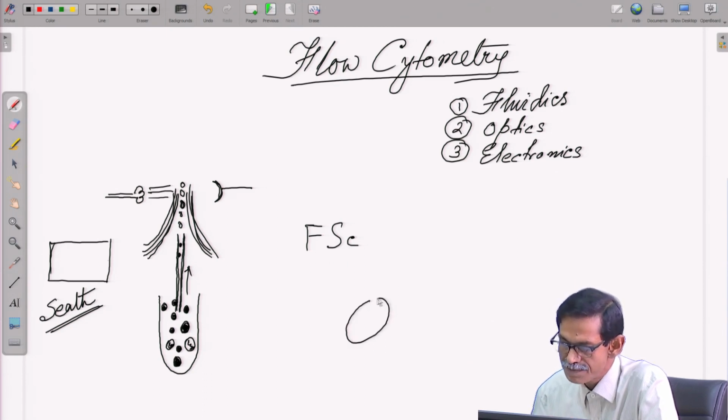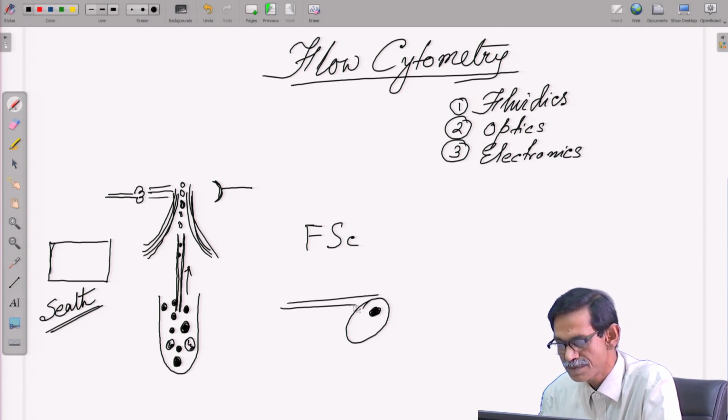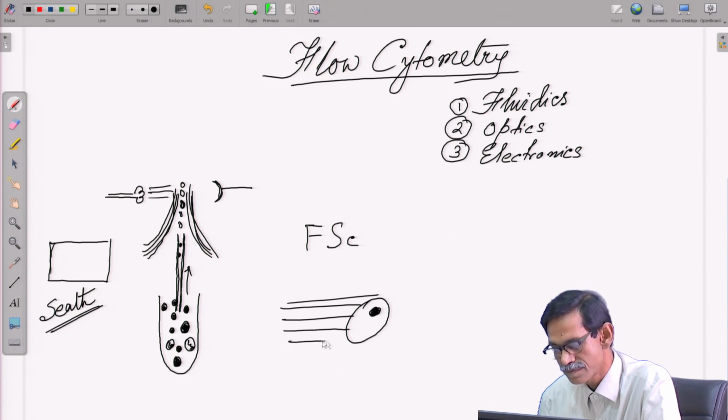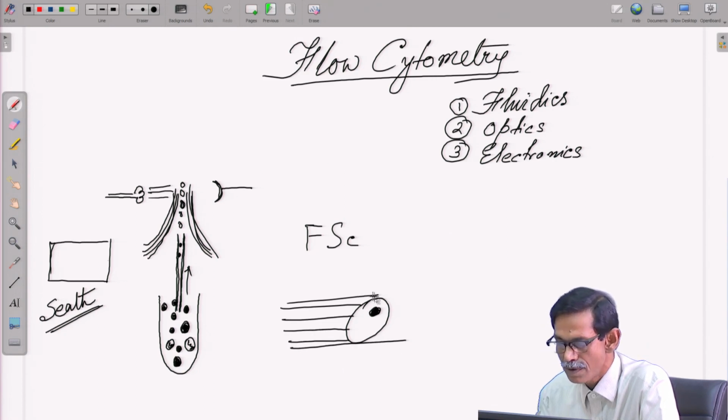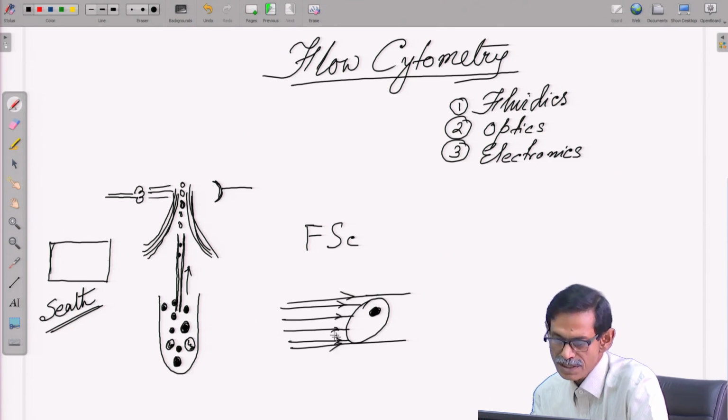Suppose this is the cell, this is the nucleus, and light is coming this way. This cell will block some light and the rest will go.